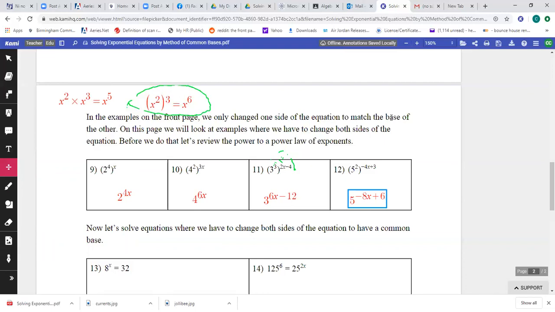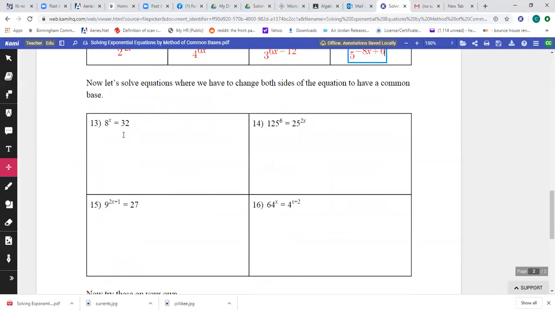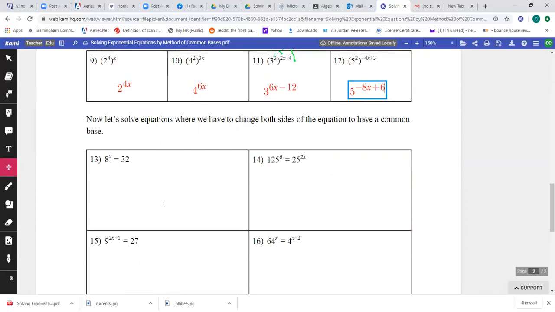Okay. So now we're going to go into more equations. Now the difference with 13 through 15 is that some of our exponents have more than one term. That's why we needed to practice this. And look at number 13. Look at the two bases, 8 and 32.